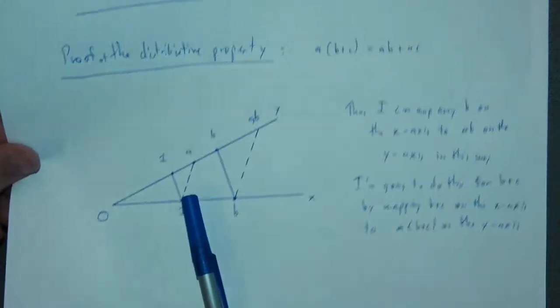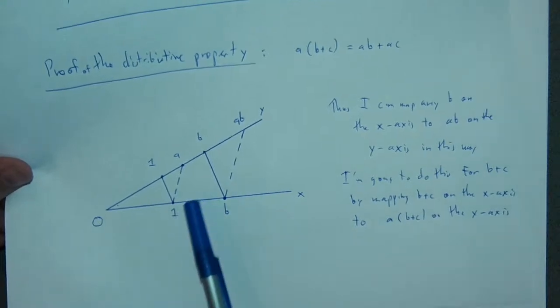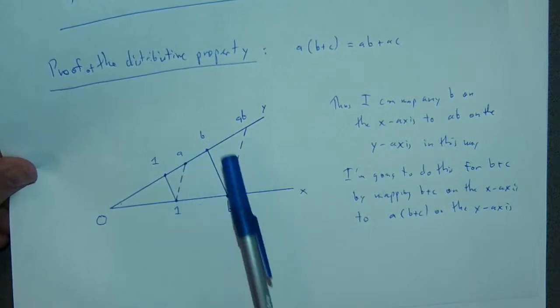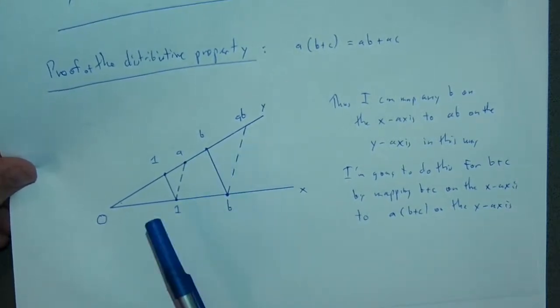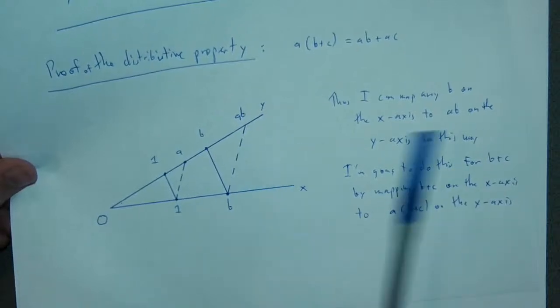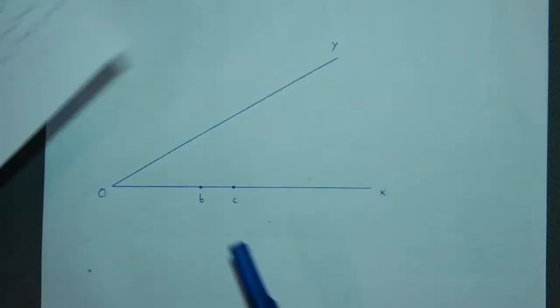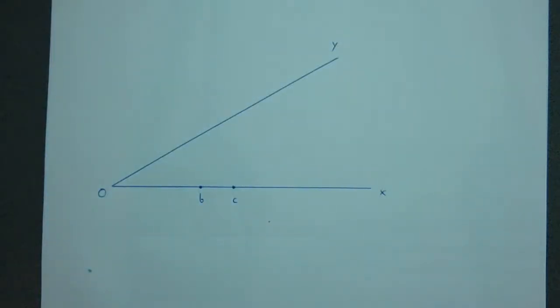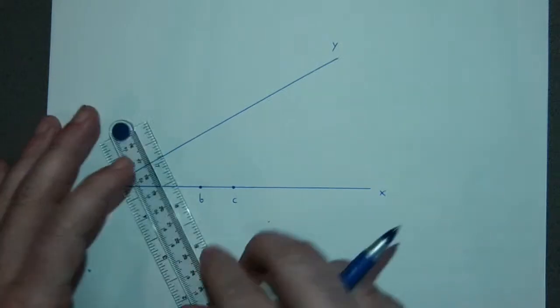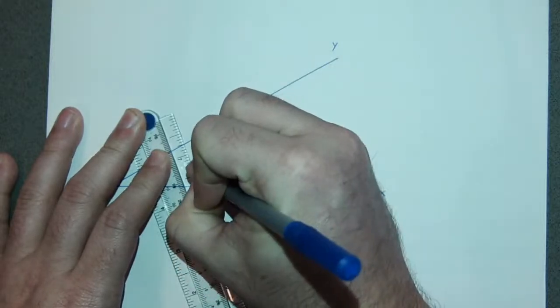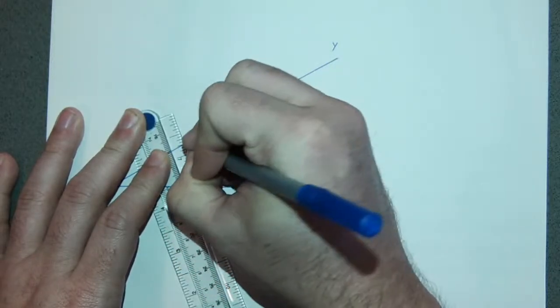I've already drawn in the correspondence lines for the ones, and I've already drawn this dashed line from 1 to A, so that these lines I'm about to draw in parallel are lines that are parallel to this line drawing 1 on the x-axis to this A on the y-axis, just so that this doesn't get too muddy. So say that I've done that. So I've drawn in dashed lines here that are parallel.